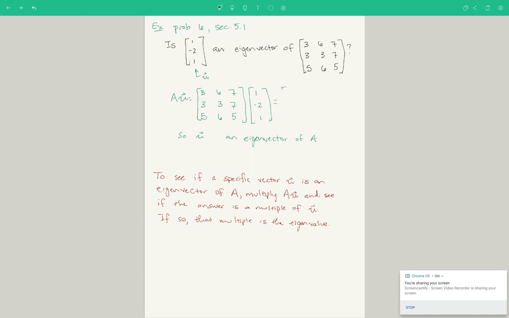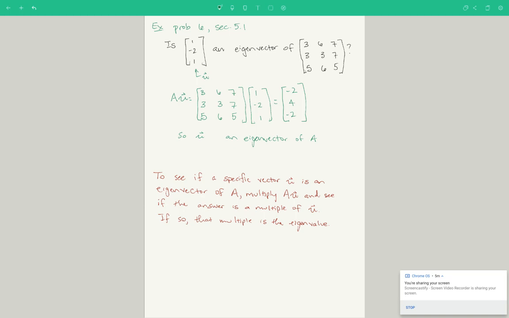If we multiply this, we get 3 minus 12 plus 7, so that would be negative 2. Then we've got 3 minus 6 plus 7, so that would be 4, and 5 minus 12 plus 5 would be negative 2 again. Is this a scalar multiple of (1, -2, 1)?